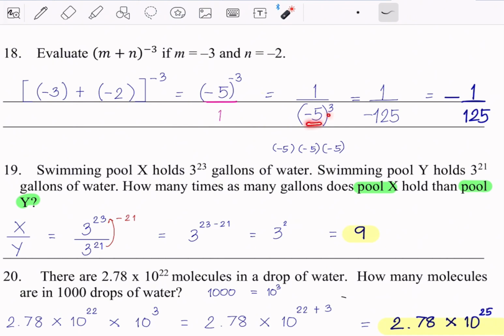Negative 5 to the power of 3 is just negative 5 times negative 5 times negative 5. Negative 5 times negative 5 is positive 25. Then we multiply again by negative 5. That gives us negative 125. The final answer is negative 1 over 125.